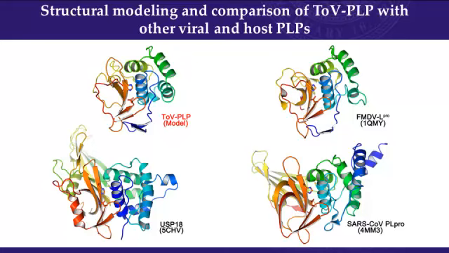This torovirus PLP adopted a minimal core of the papain-like proteinase fold, which is homologous to the foot-and-mouth disease virus L proteinase and the SARS coronavirus PLP proteinase, and also to the cellular ubiquitin-specific proteinase. This proteinase has previously been reported to possess deubiquitination and deISGylation function, which is related to innate immune suppression function.